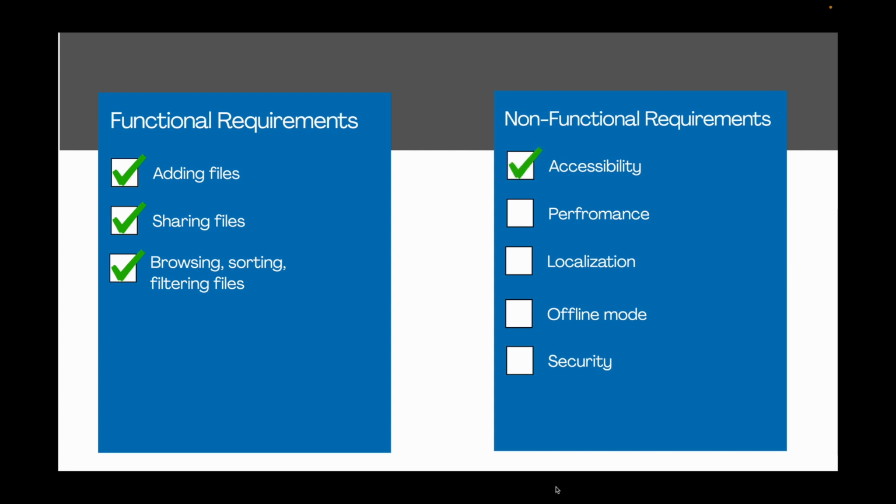Our application is accessible to users with various disabilities. It's performant. We have optimized performance of our application by moving heavy computations to the server and improving network and interface performance. It's localized. We have discussed translations, formats, and the specifics of right-to-left languages. We support offline mode.